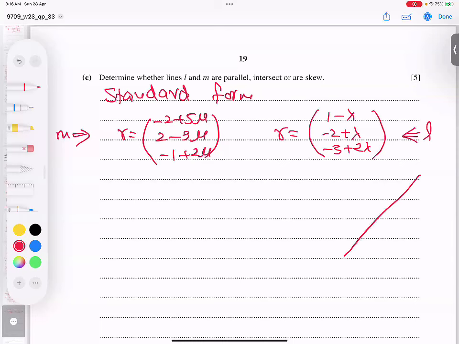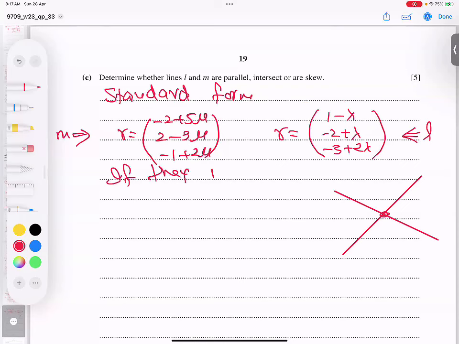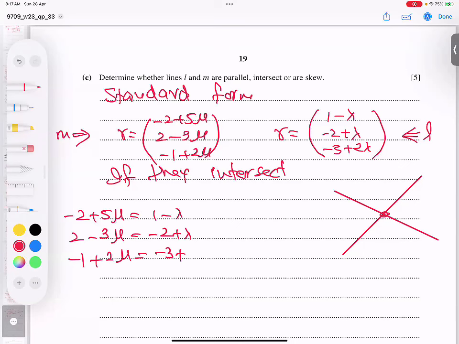Because they intersect, naturally, if I assume that at the point where they intersect, this I equal, J equal, K equal. So I will make 3 equations: -2 plus 5 mu equal to 1 minus lambda. Second equation, 2 minus 3 mu equal to -2 plus lambda. I think you're understanding, students, what I am doing.